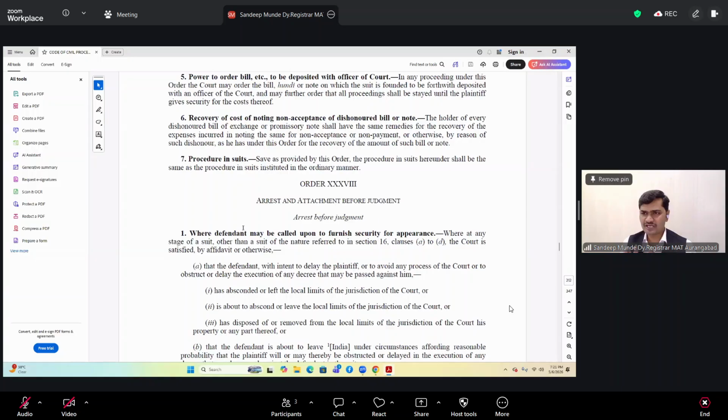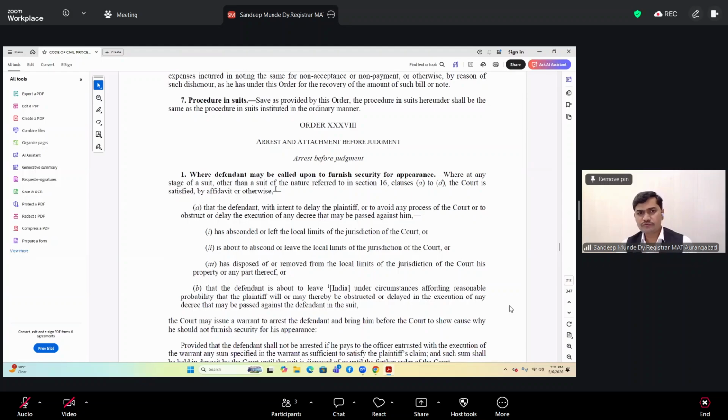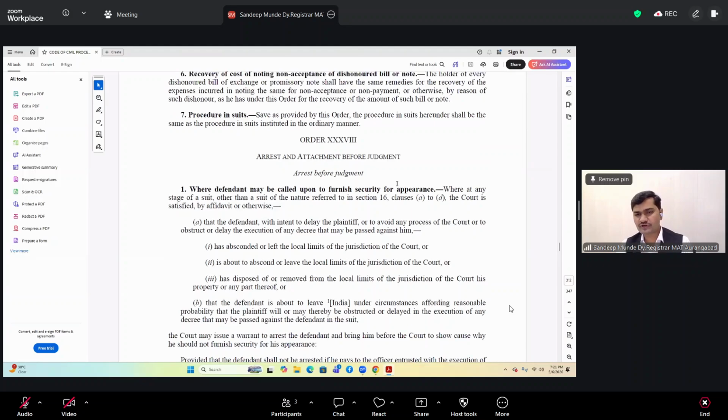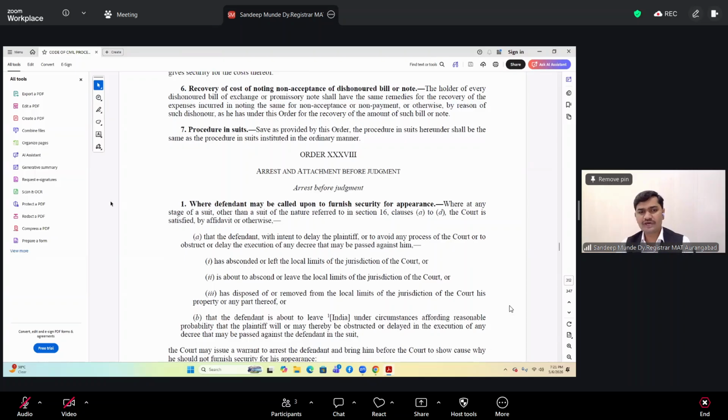Arrest is only in the exceptional character. Arrest before judgment, rule 1, where defendant may be called upon to furnish security for the appearance, where at any stage of the suit other than a suit of a nature referred in section 16 clause (a) to (d), the court is satisfied. If the properties are immovable, then the court will not ask for the arrest.